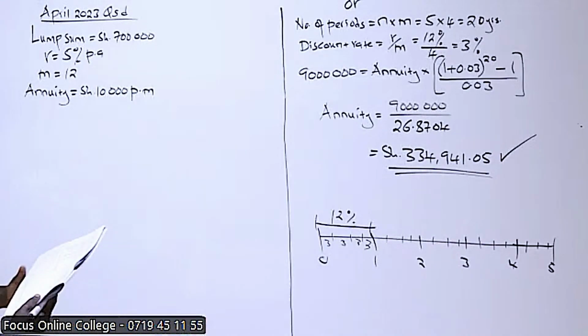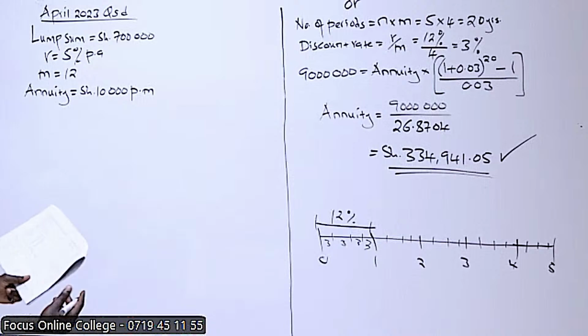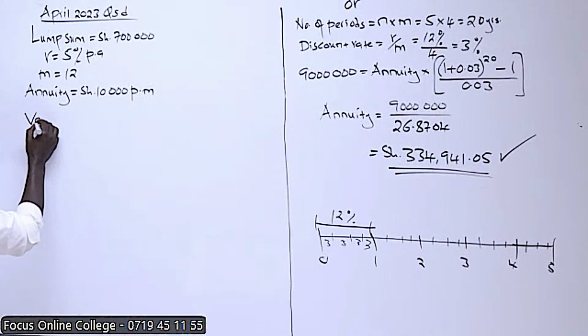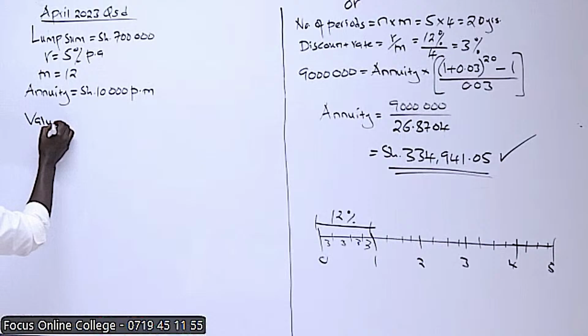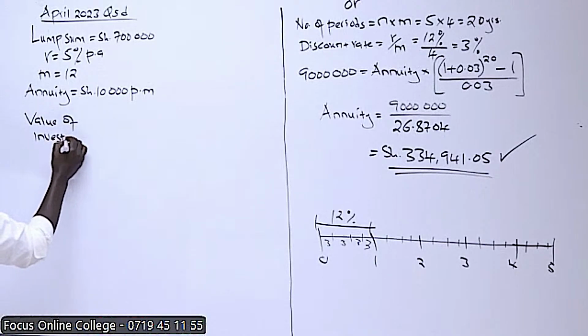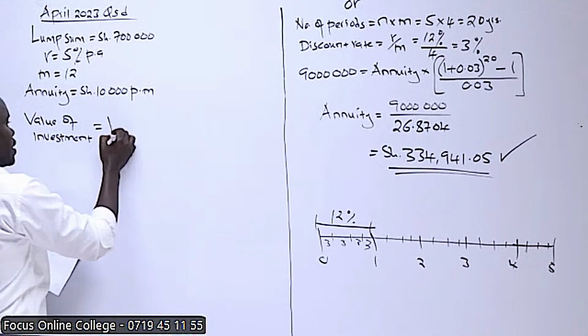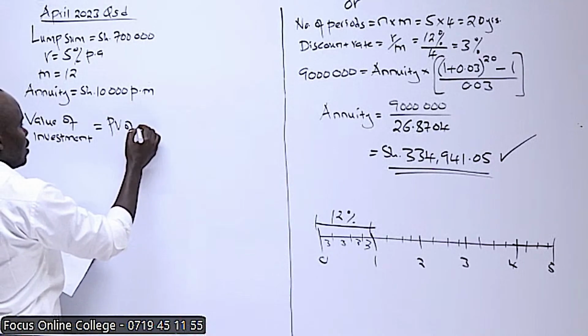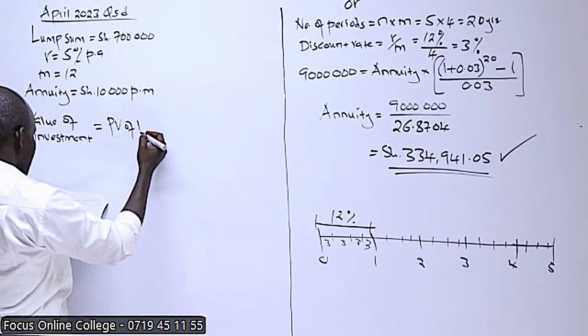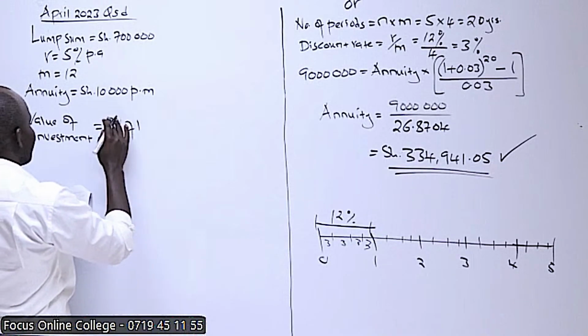Because here the question says, determine the value of the investment after 10 years. So here it is saying value of investment. Determine the value of the investment after 10 years.